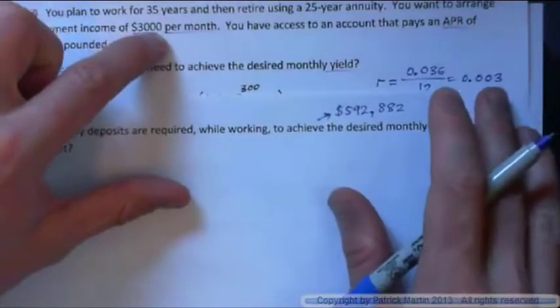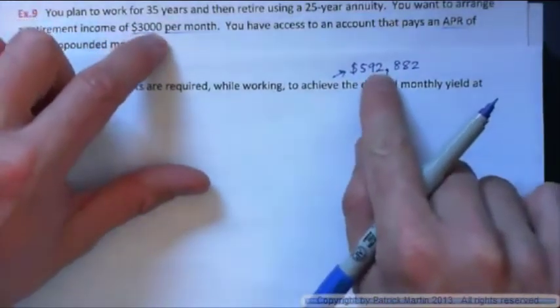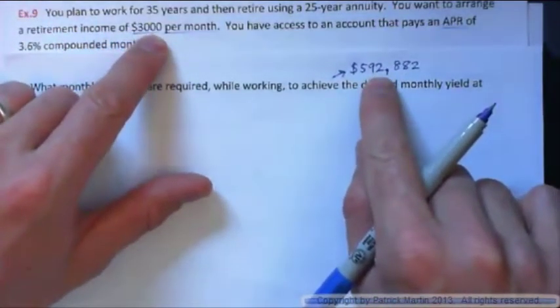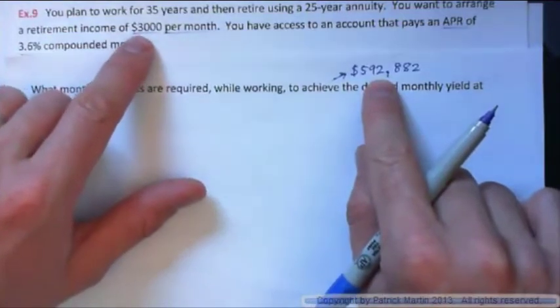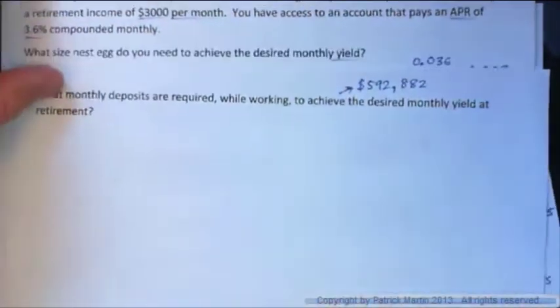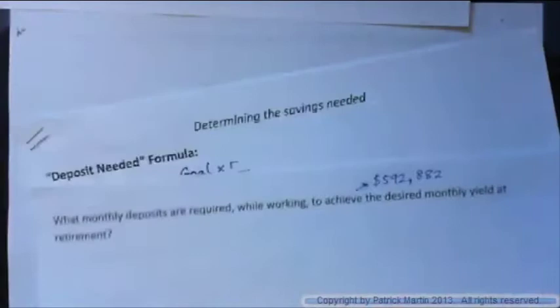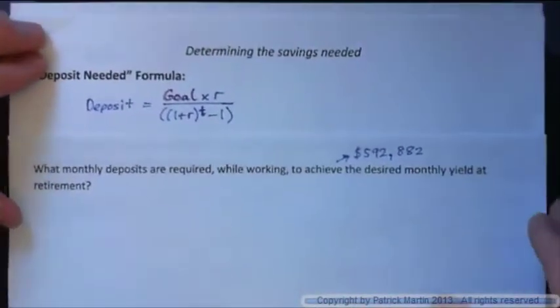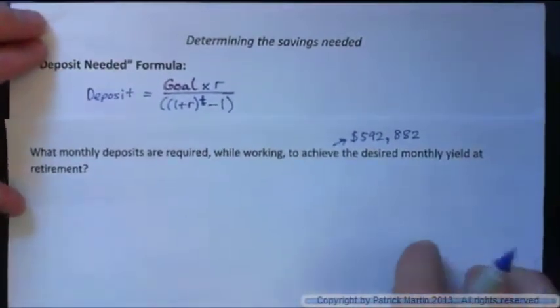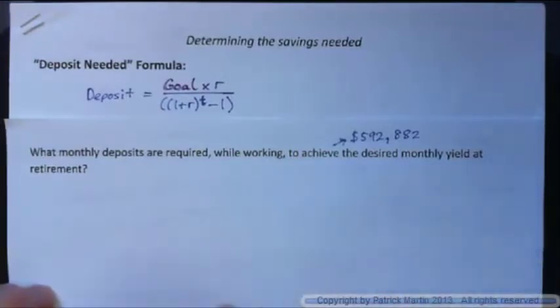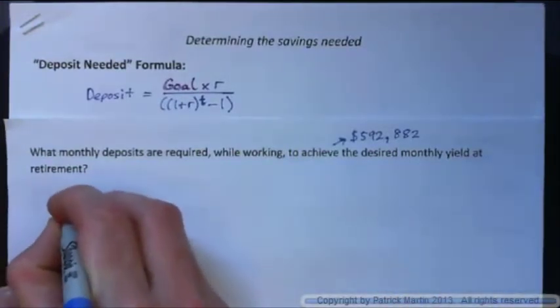Okay, that's what we want to achieve, and this will give us $3,000 a month. So we know if we save this when we're 65 or whatever, it will give us $3,000 a month for 25 years. Okay, so how much do we need to save each month while we're working to get that? That's the question. So the deposit needed formula is what we need.